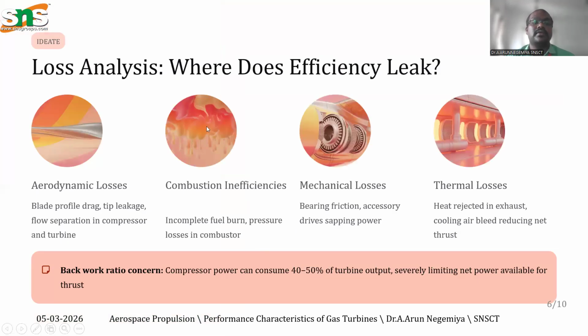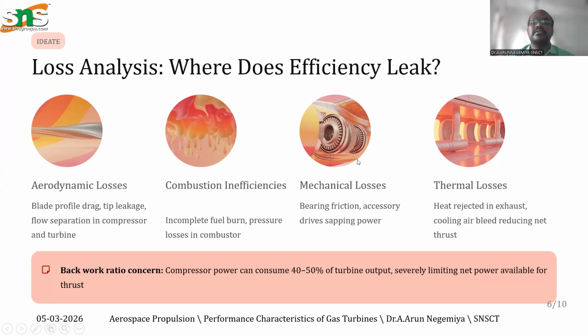Next one is the loss analysis, where the efficiency leaks are found. First one is aerodynamic losses: propeller drag, tip leakage and flow separations are found in the compressor and turbine regions. Next is combustion inefficiency: incomplete burning happens in the combustion chamber area.